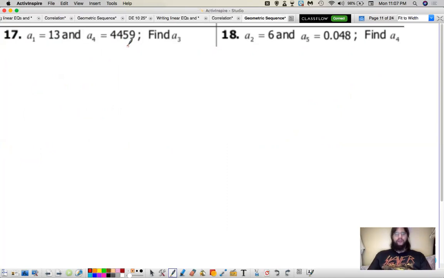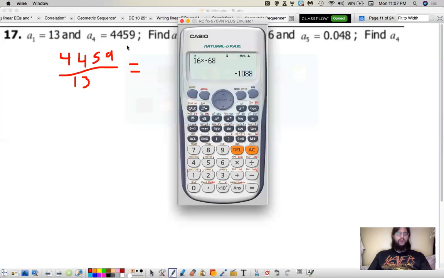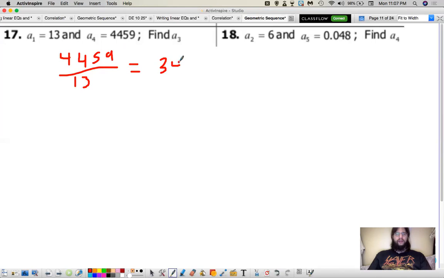We're not adding. We're trying to see what factor. So I need to do the quotient here. So to get from A1 all the way to A4, I had to multiply by a total of 343. Okay, I recognize that.